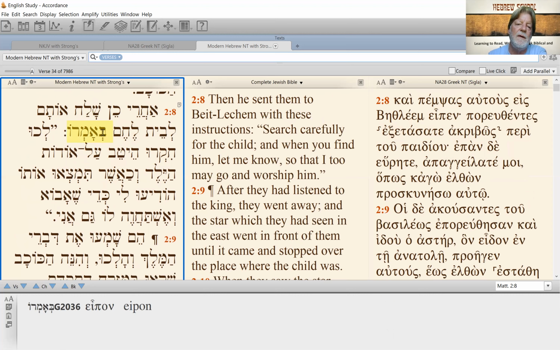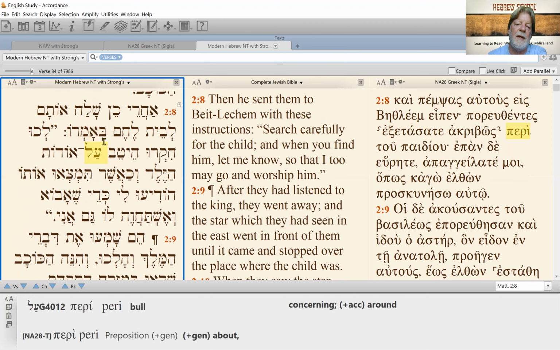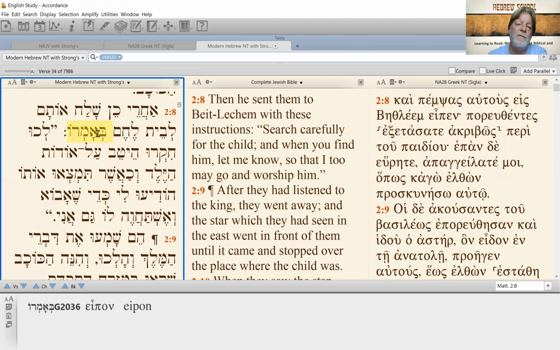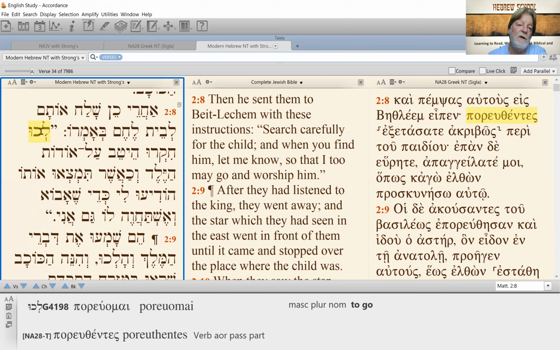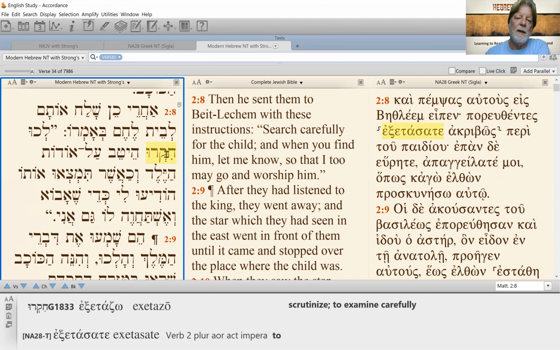Ba'amro, in saying, here we've got our bait prepositional prefix, in saying, and here's what he said. It's in quotation marks in this text. Lechu, go, hakru, and again, this is another Hebrew word that means to seek out, search out, study, investigate thoroughly.